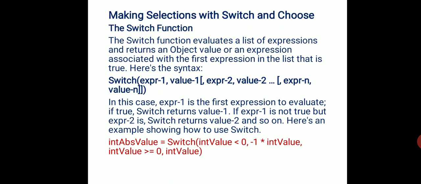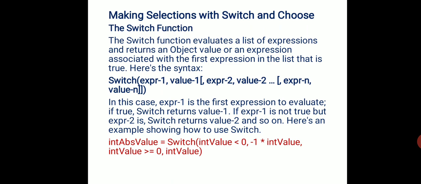So here, making selections with the switch and choose. The switch first. The switch function evaluates a list of expressions and returns a value or an expression associated with the first expression in the list that is true.